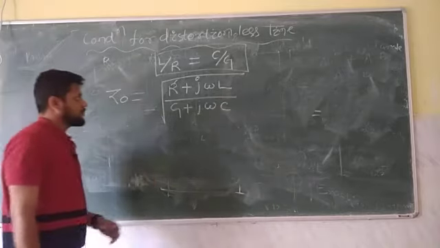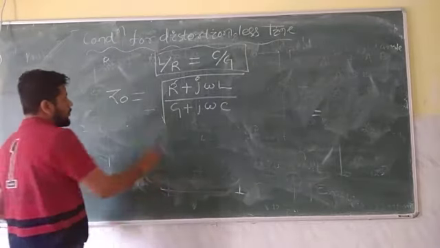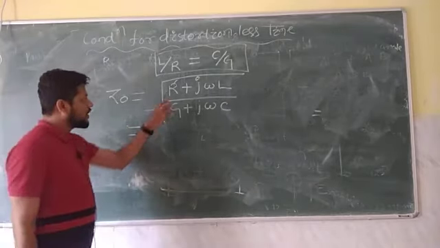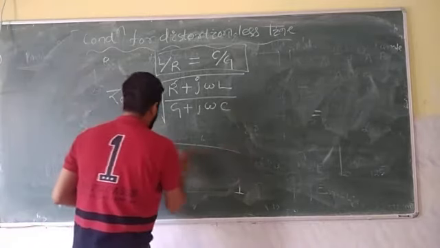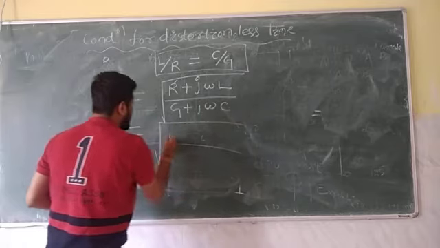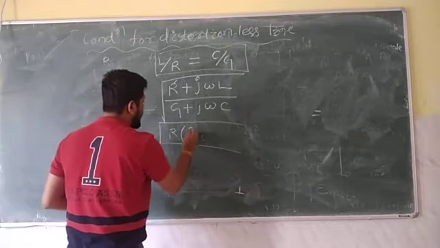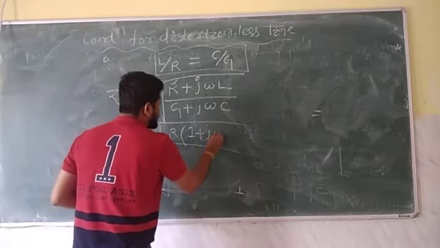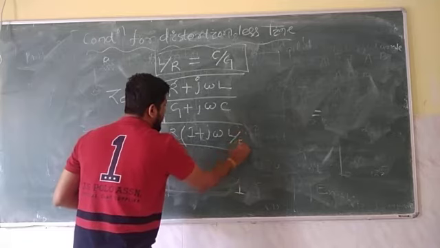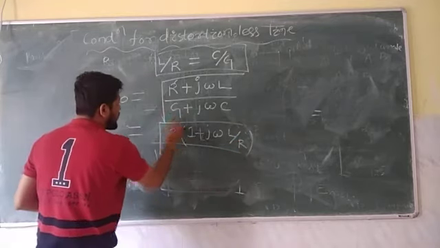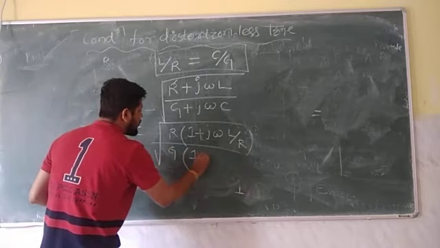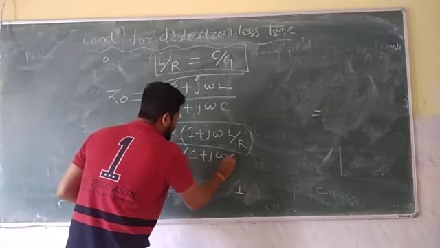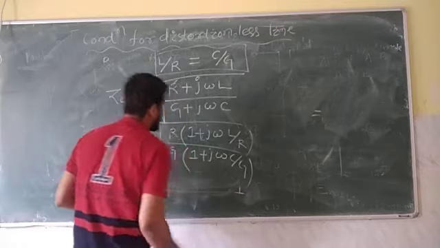Now we need to take R as common from the numerator, giving 1 plus j omega L by R, and from the denominator take G as common, giving 1 plus j omega C by G.